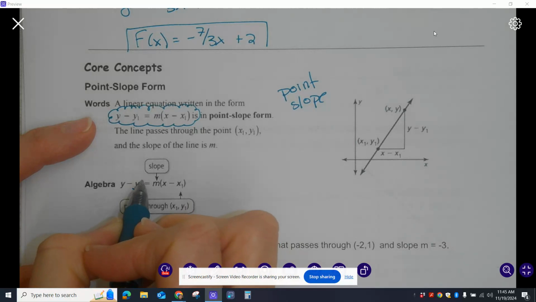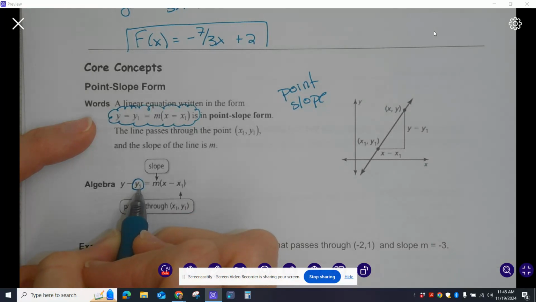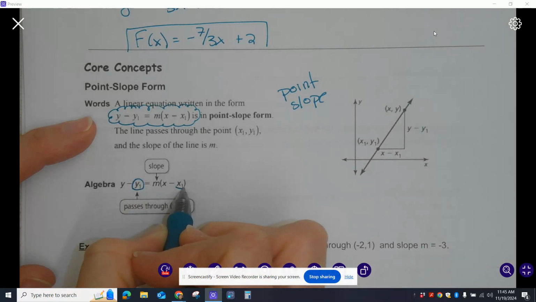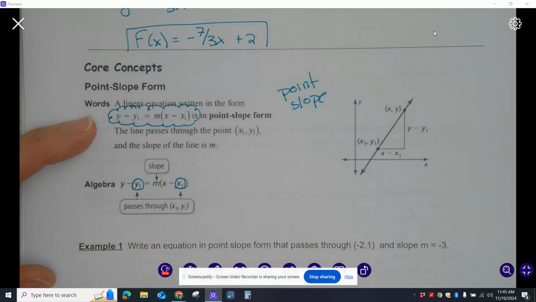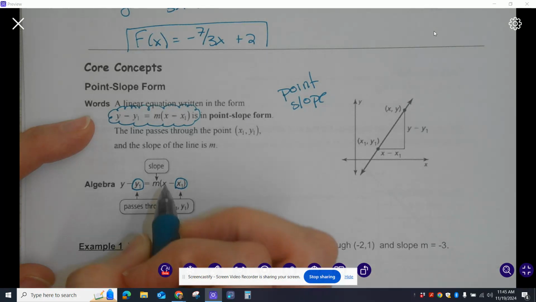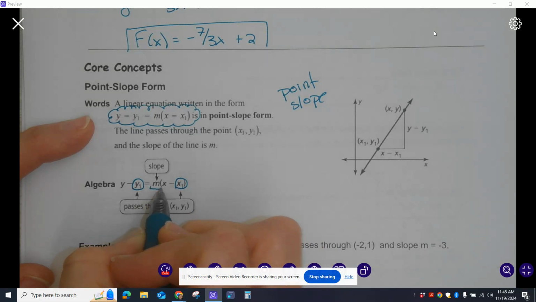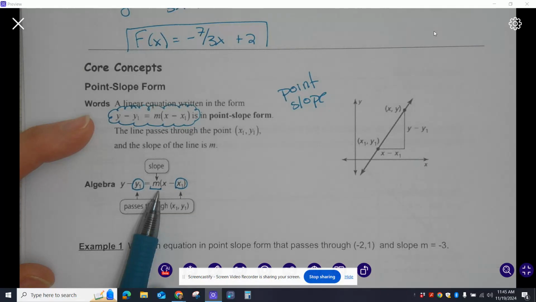And then this y with the little subscript 1 under it and this x with the little subscript 1 under it are where you are going to input your point. And then m, you're used to knowing that that is where you put your slope.